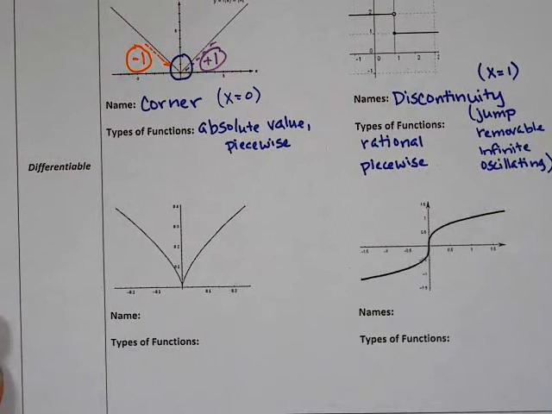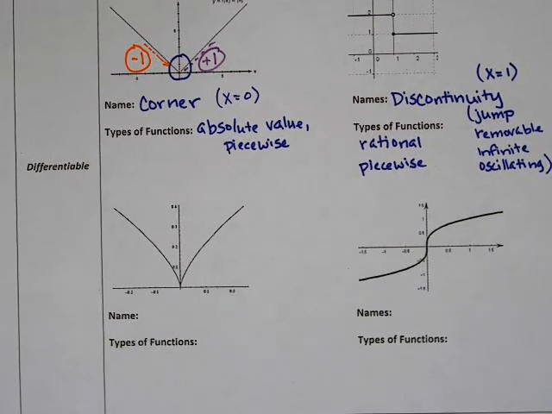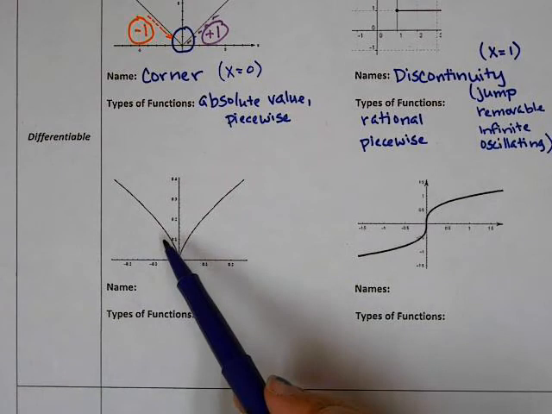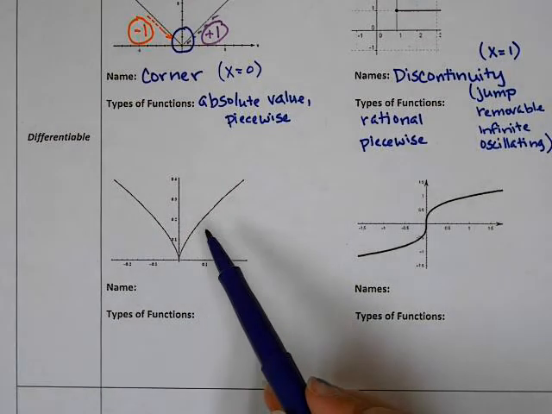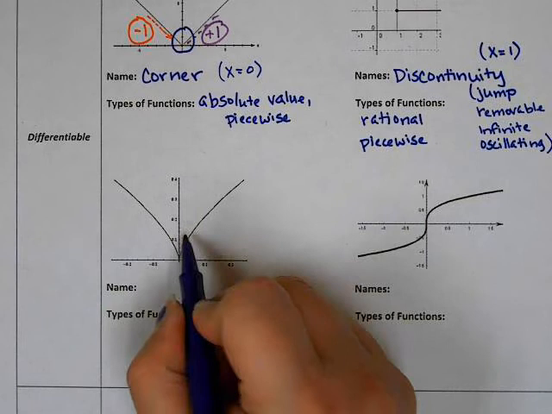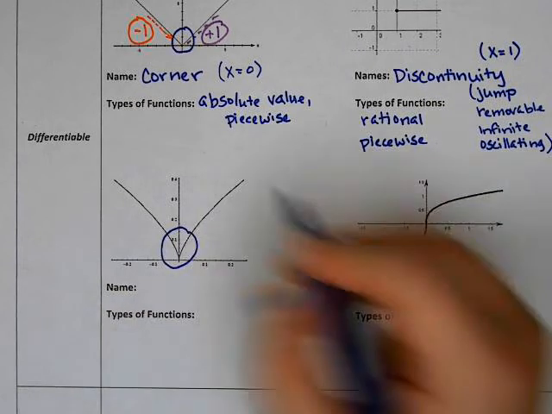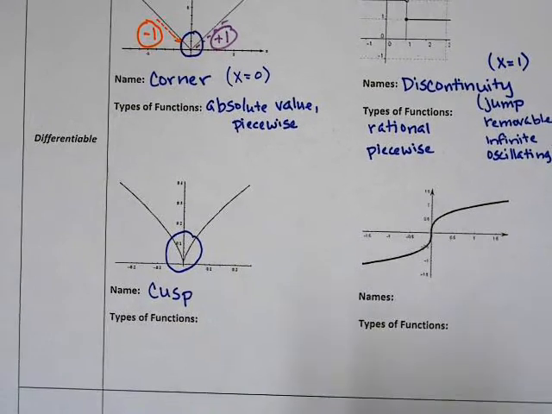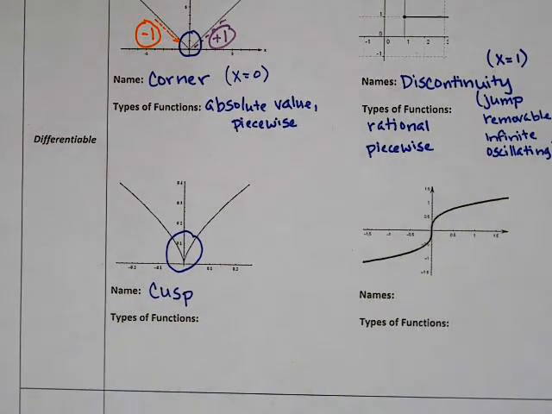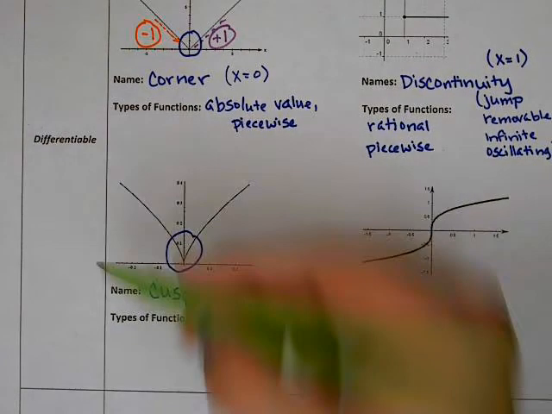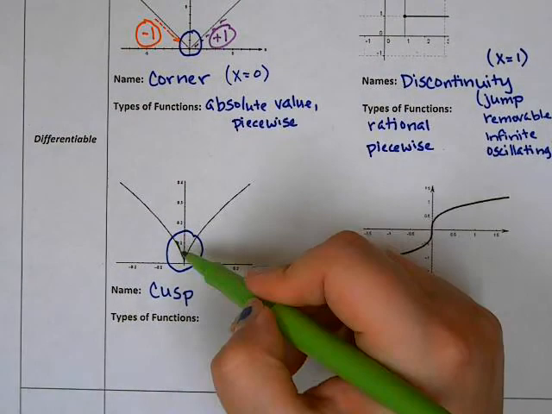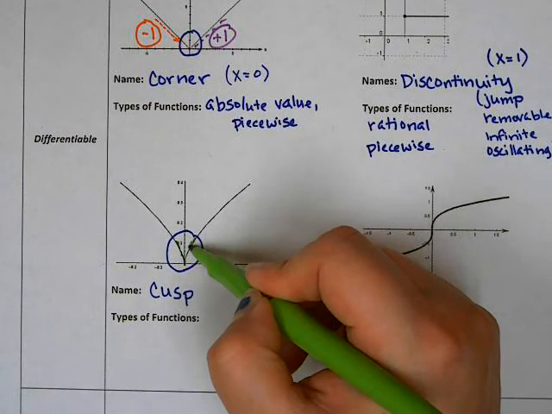The third one down here is very similar to a corner, but if you notice, it's actually curved instead of this straight corner in. So this curved part here is actually called a cusp. All right, and the reason it's different from a corner is because if we actually started to look at the slopes of the derivatives here, it becomes almost vertical in the center there.